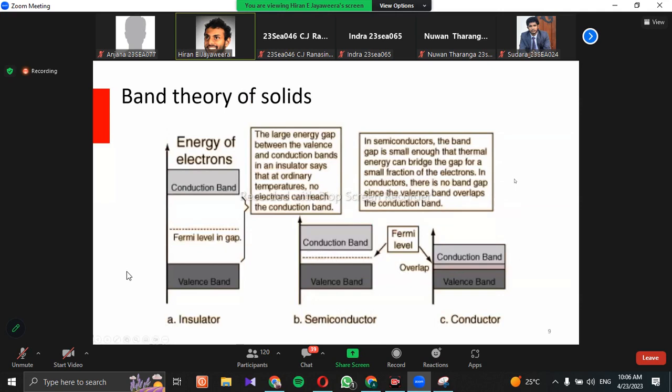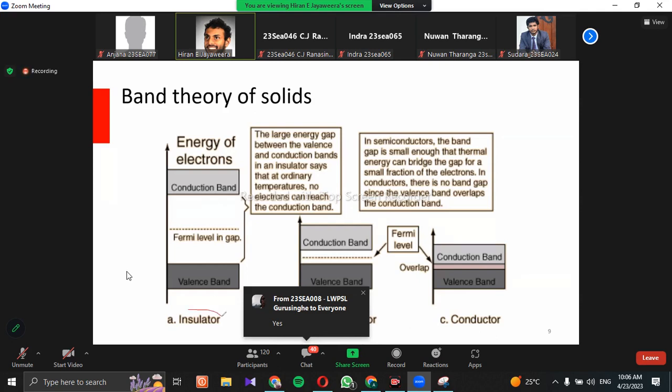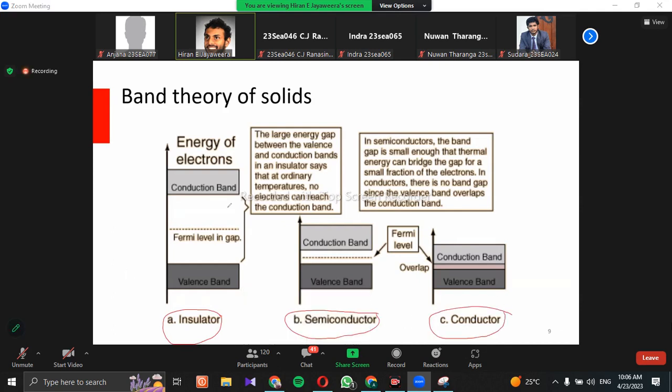Right. Now you can see energy levels. Here you can see three different materials: insulators, semiconductors, and conductors, and how the valence band and conduction band behave. There are a lot of energy levels down here, but the valence energy level is just represented here. The valence band is here for the insulators, and the conduction band is far above it.